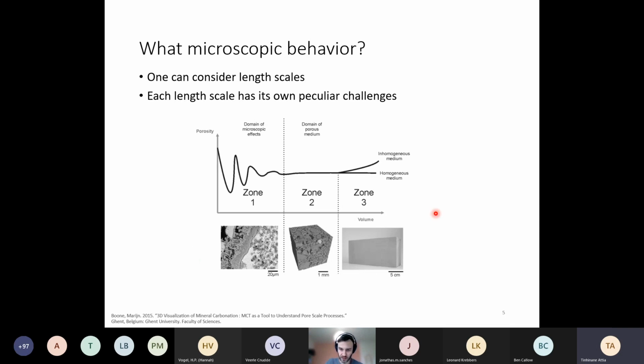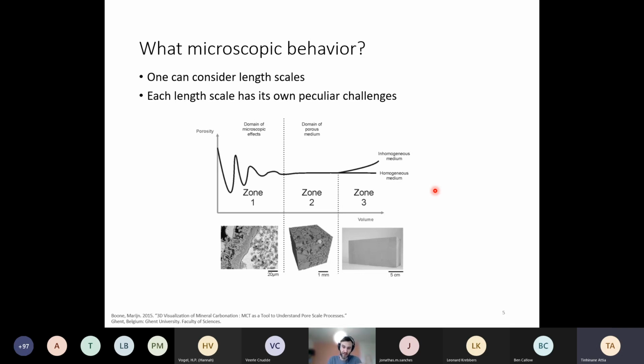So you might decide that you want to study pores of the size of millimeters. Well, if one pore is the size of 1 millimeter and you need a statistically sufficient number of pores to make a statistically relevant study, then your sample has to be centimeters in size.